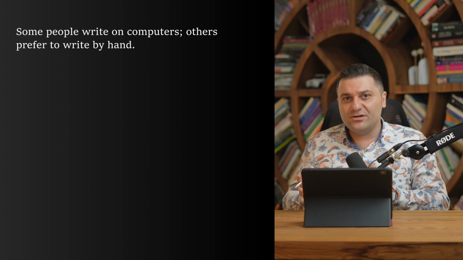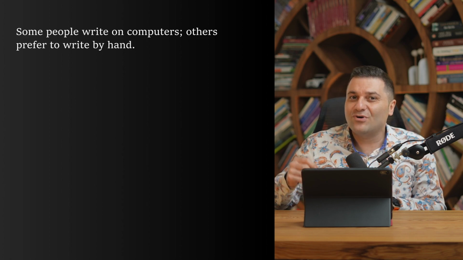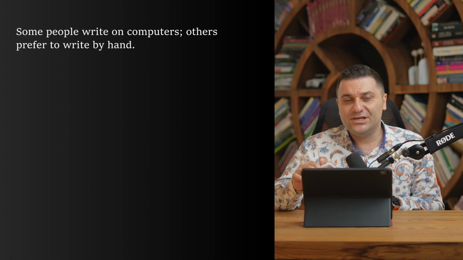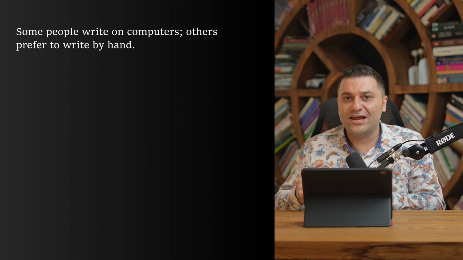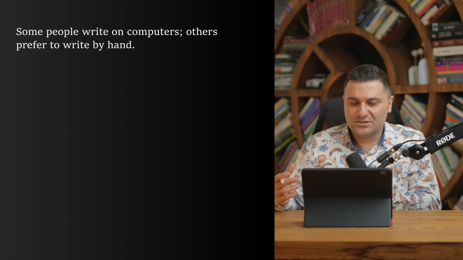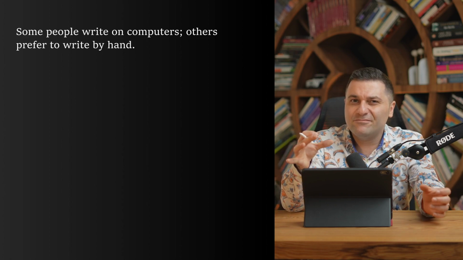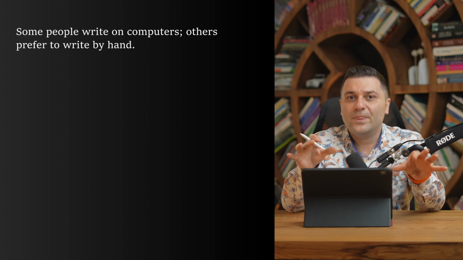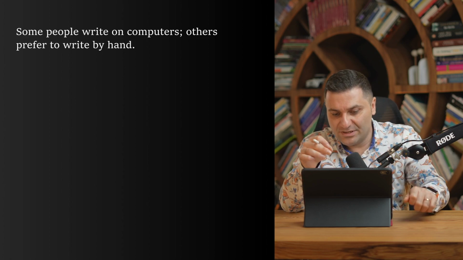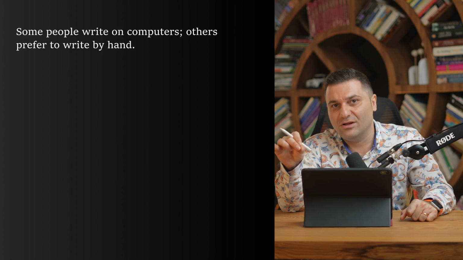So it is clear that we're talking about writing. The only difference is writing on computer and writing by hand. So they are related to each other, and they are independent clauses. So in this case, we use semicolons.